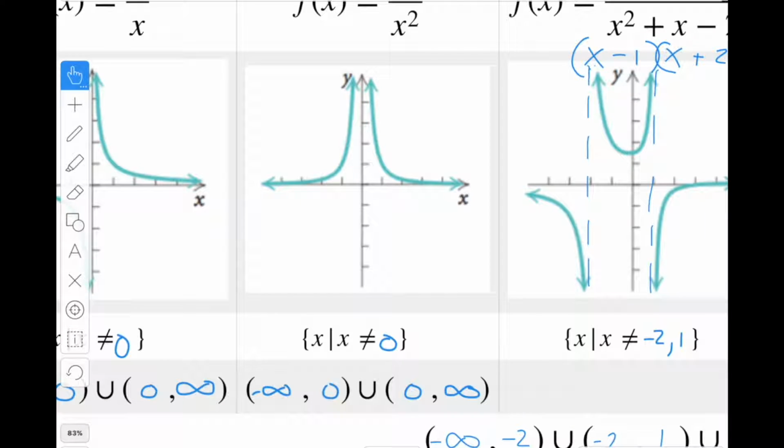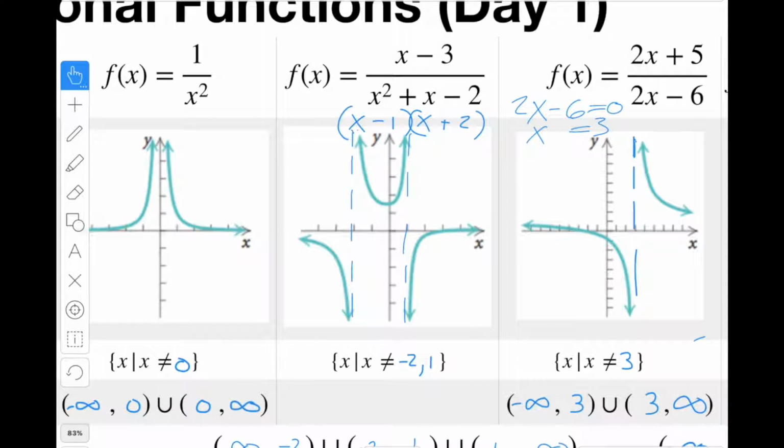So you can see in this version, when you factor it, you've got two places where x cannot equal in the domain: -2 and +1. So when you have these two different breaks, it breaks up the whole graph into three different parts.